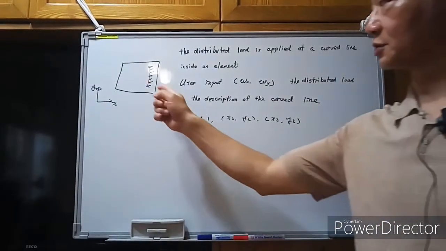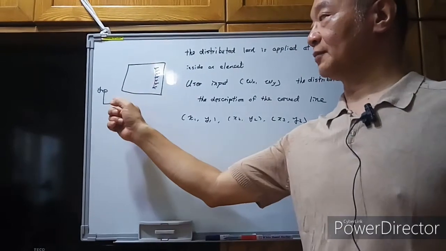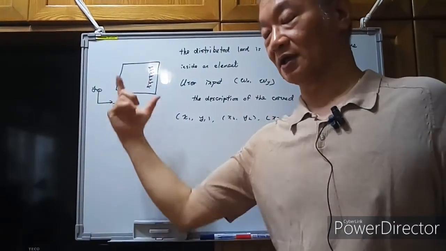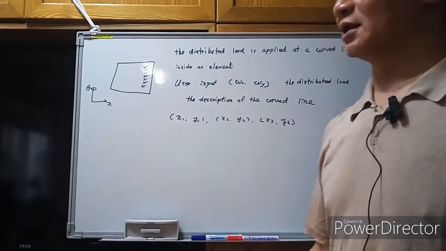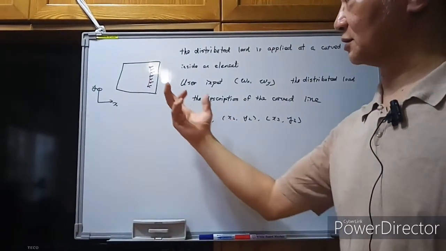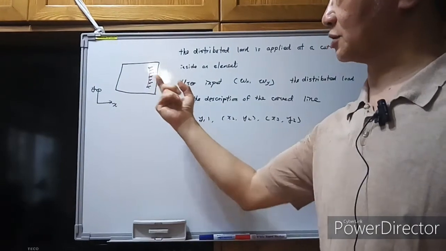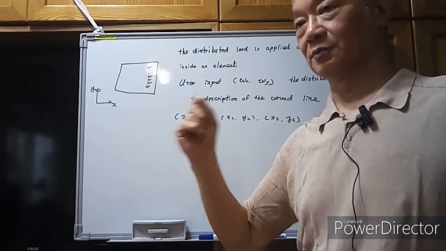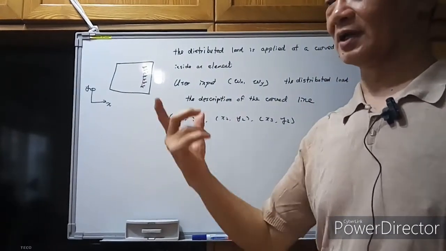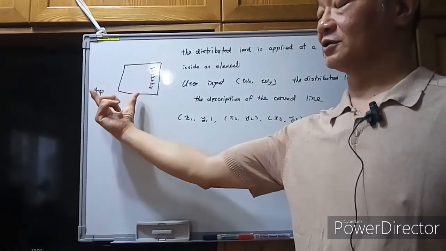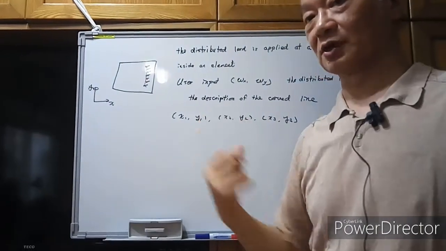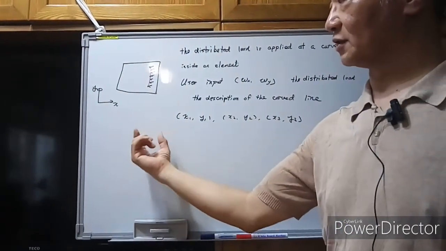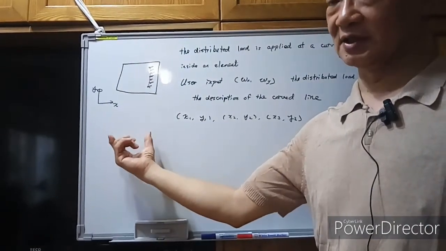So the program user is familiar with what the x and y axes are. And if the program likes to ask the user to input something related to the locations of the points, the program had better ask the user to use the xy coordinates. And we know there is another set of coordinates, which is the c and the eta.